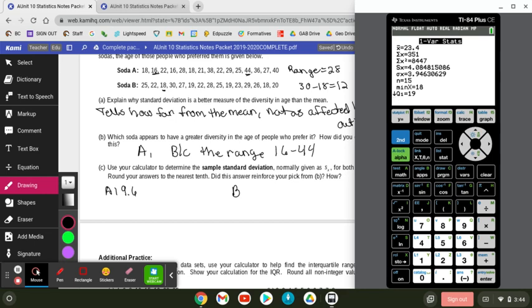And there my sample standard deviation is 4.1. So this does support my answer from B because it has a larger standard deviation, which is typical when there's a larger range.